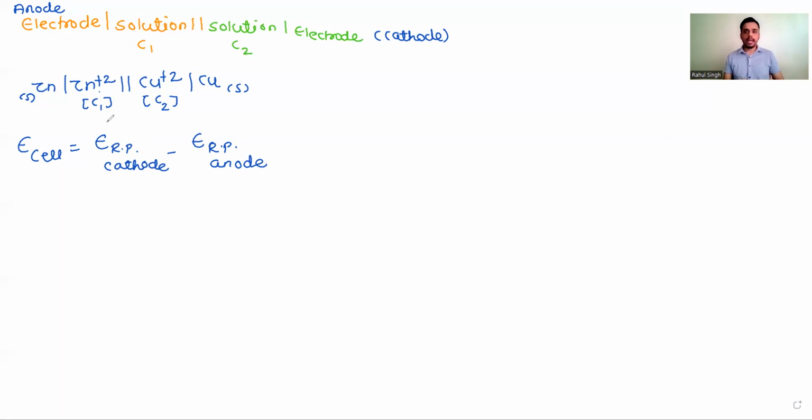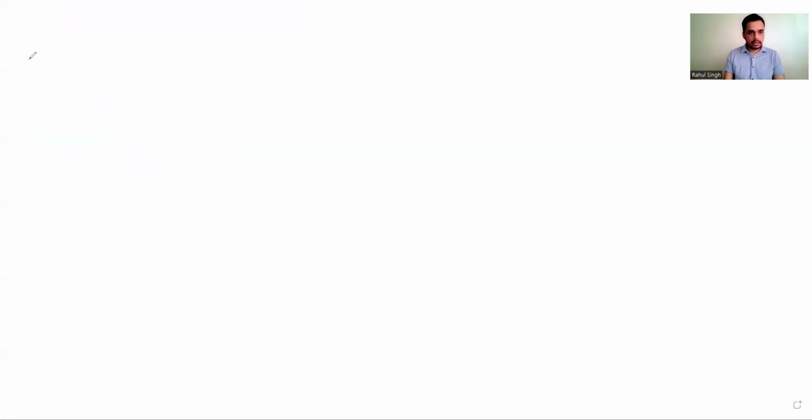Now we have to calculate the electrode potential. We have seen that the electrode potentials are the reduction potential of cathode and the reduction potential of anode. So now we will be seeing the calculation of electrode potential. That is also a very important term.